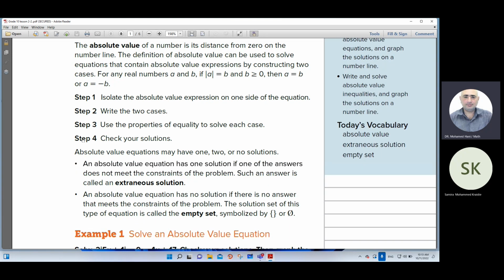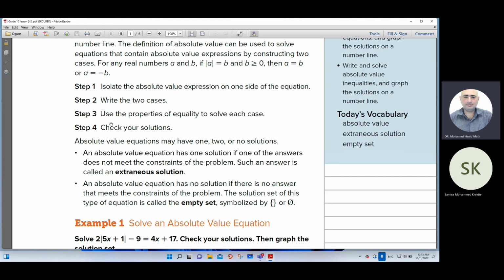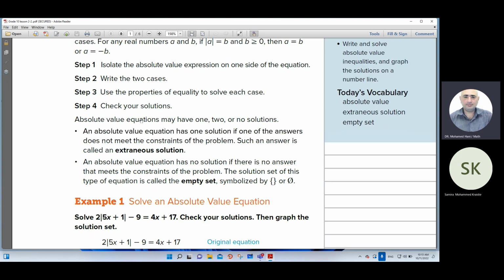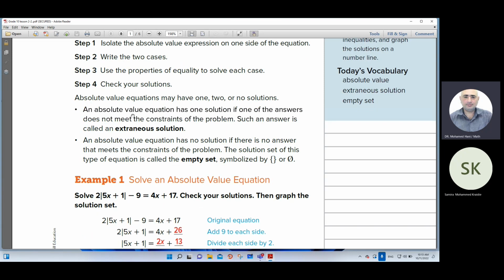So we have 4 steps to solve the absolute value. Isolate the absolute value expression on one side of the equation, then write the two cases, then use the properties of equality to solve each case, then check your solution.